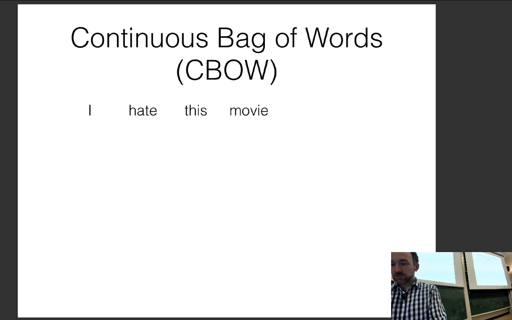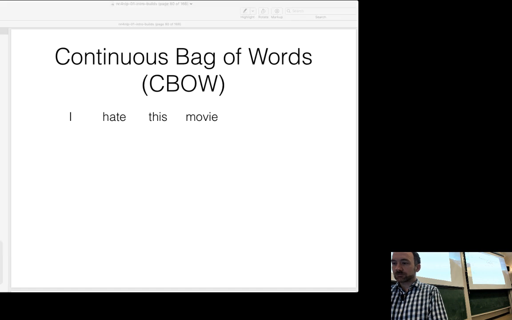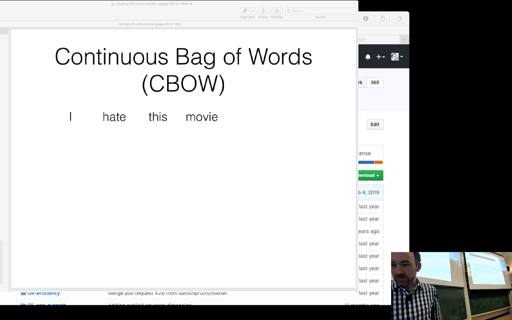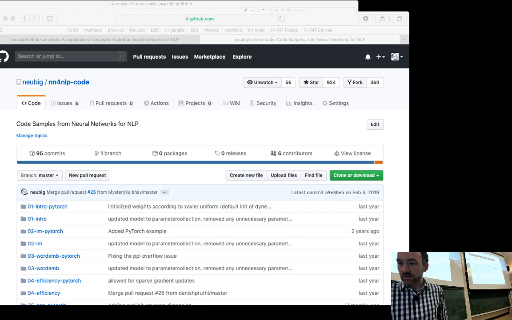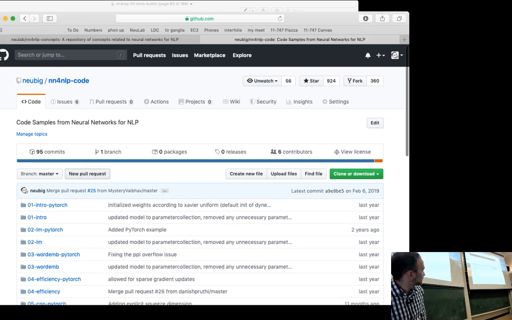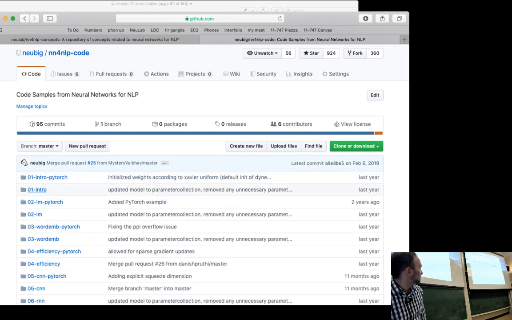And actually, a thing I should mention while we are at it is this is also linked from the website, but we have these code examples where the code examples look like this, and this time we have intro in intro PyTorch.